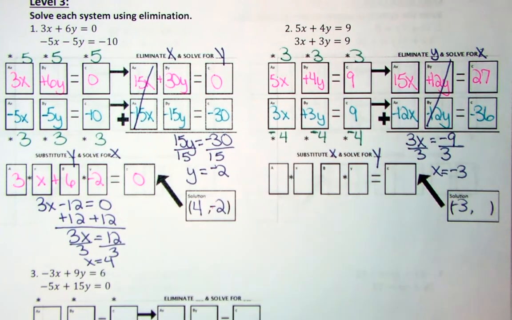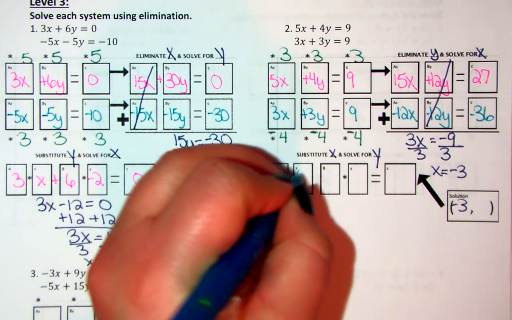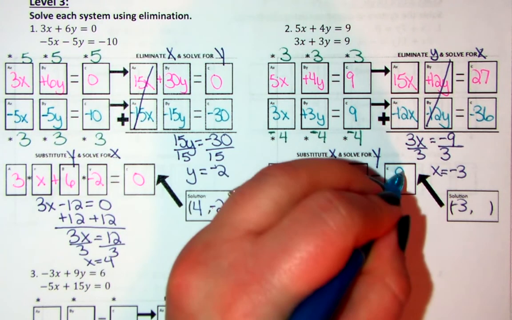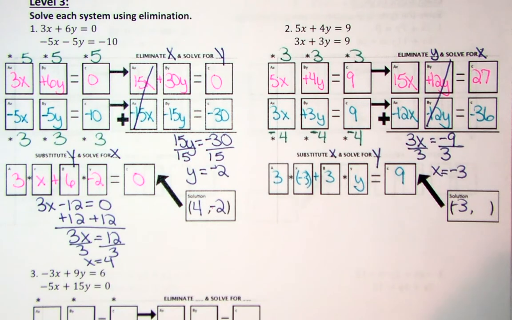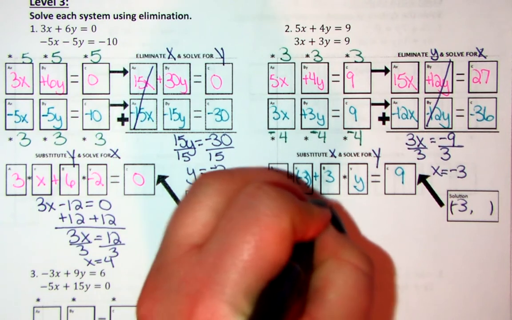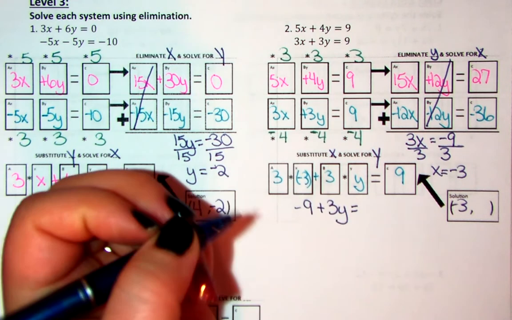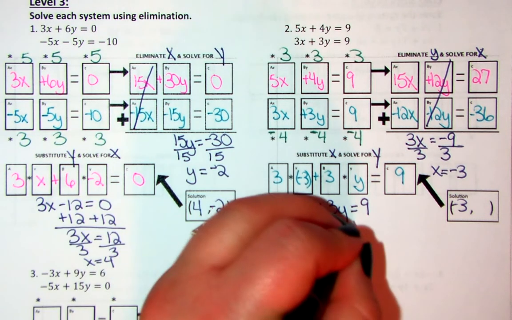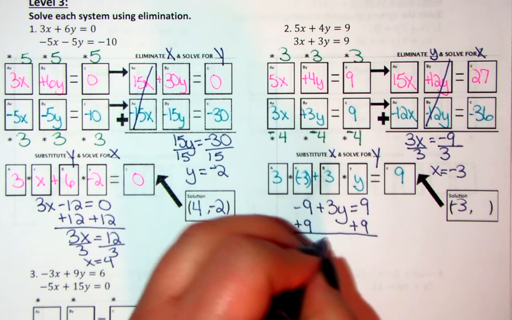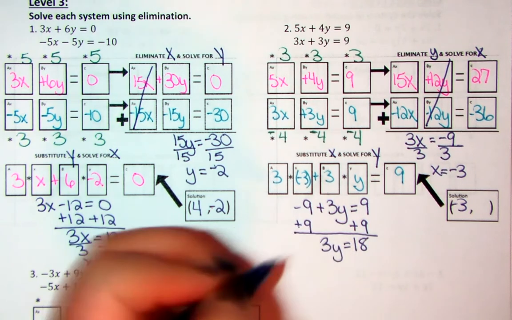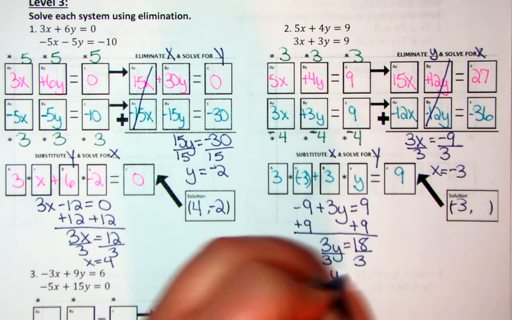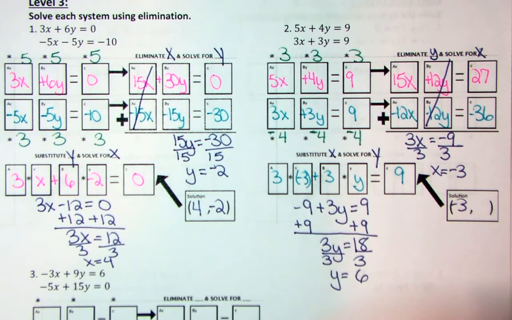So we'll have 3 times our x value, which was negative 3, and then plus 3 times our y value equals 9. 3 times negative 3 gives me negative 9. 3 times y is 3y, and it equals 9. We'll add 9 to both sides so that we get 3y equals 18. Then we'll divide by 3 on both sides, and y will equal 6.